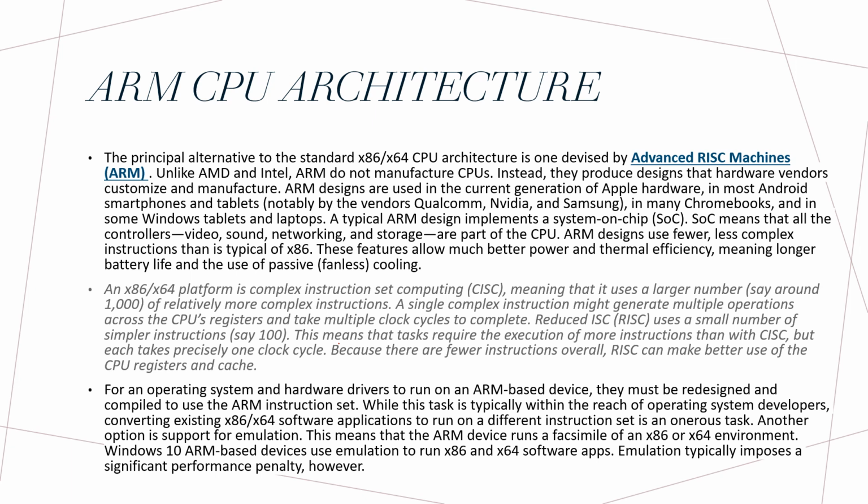Another option is support for emulation. This means that the ARM device runs a facsimile of an x86 or x64 environment. Windows 10 ARM-based devices use emulation to run x86 and x64 software apps. Emulation typically imposes a significant performance penalty.